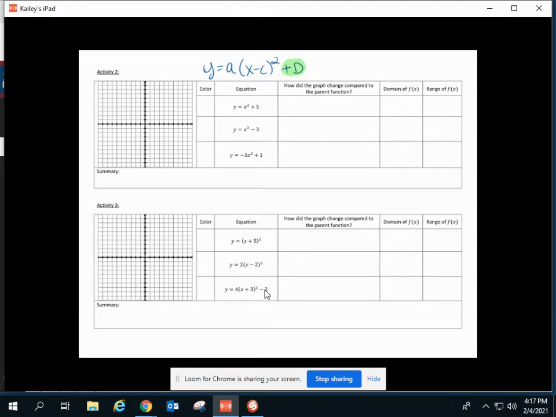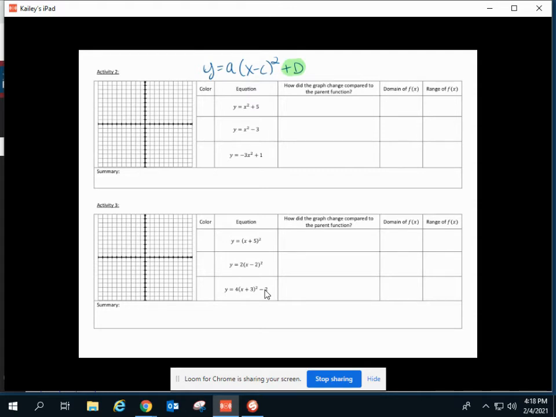And this will probably seem very similar to what we talked about with linear functions, because D at the end does what it looks like it's going to do, as in if it's positive, it's going to move up, and if it's negative, it's going to move down. Little spoiler for you, but we're still going to go through and discover those things as well.